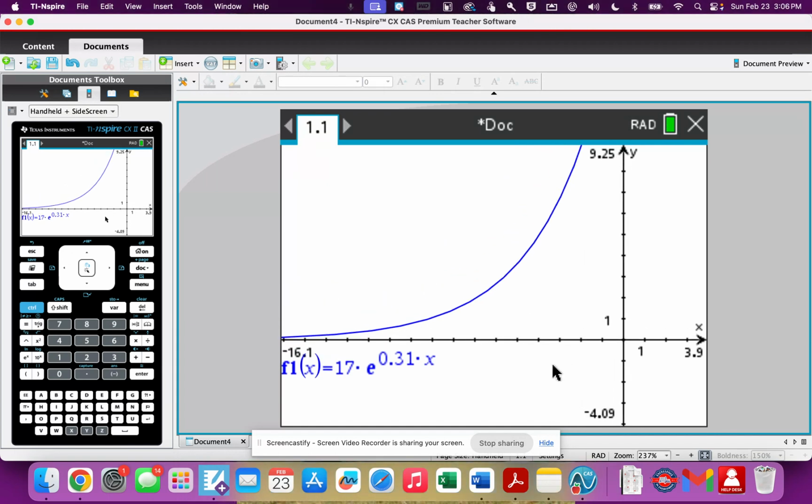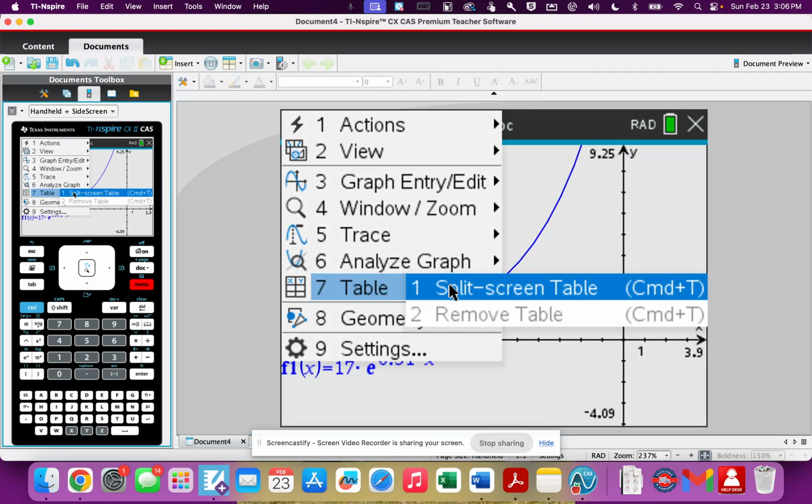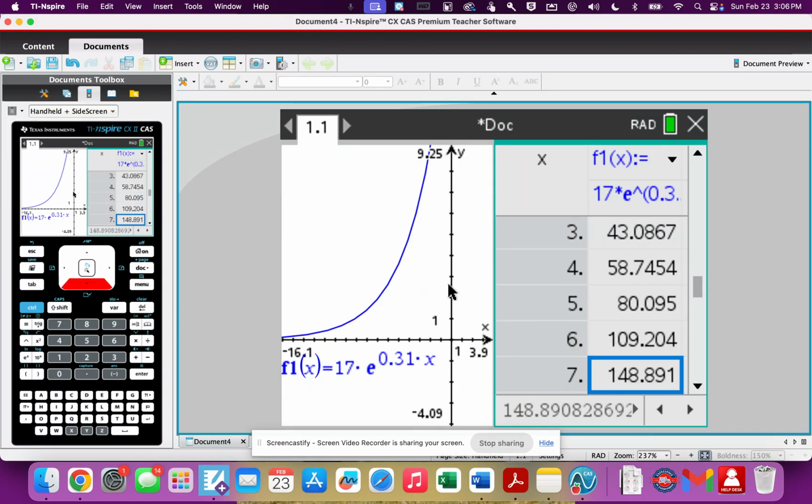So it's asking for the average rate of change between 1 and 7 hours. So if you remember, I can get a table of my graph, where I can look for any numbers that I want. So I have my 7, which is 148.891. I'm going to just write that down on my notes just so I'm not going loopy.